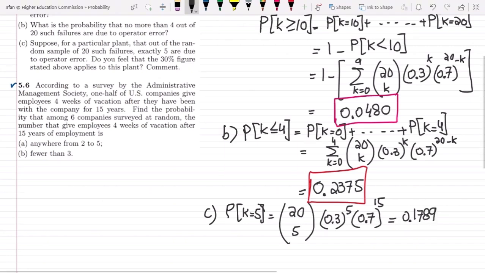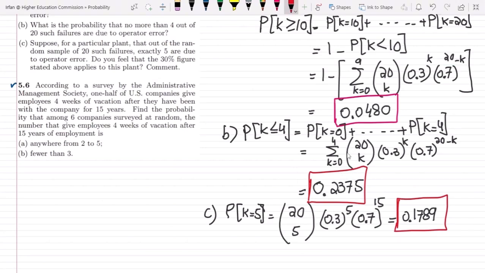You can see that this value is less than the value which is given, 30%. So this value is the viable value, and it applies to this plant as well. That is the solution of question 5.5.